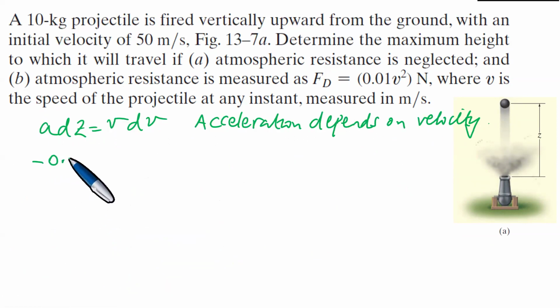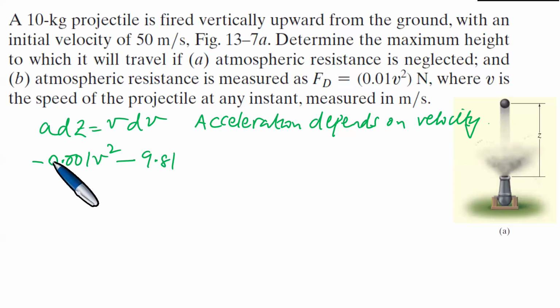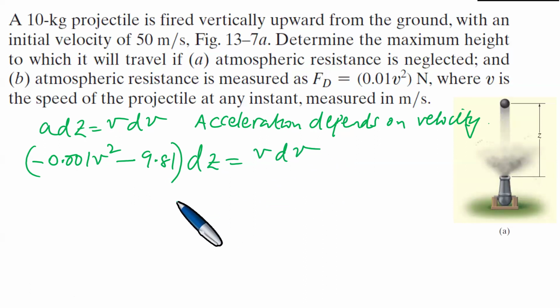It is minus 0.001 V squared minus 9.81, where we divided by just 10. That is the acceleration, and this is exactly what A dz equals V dv uses.